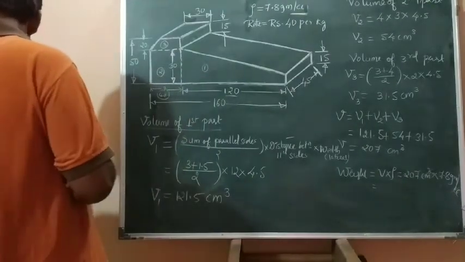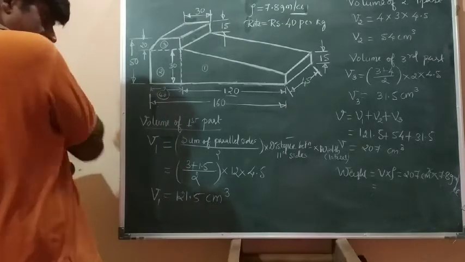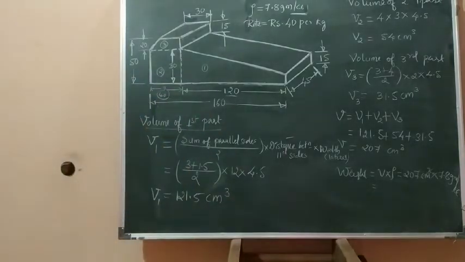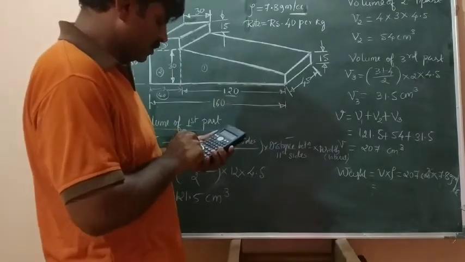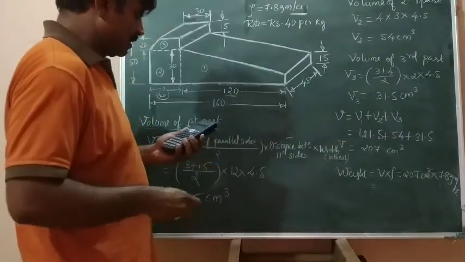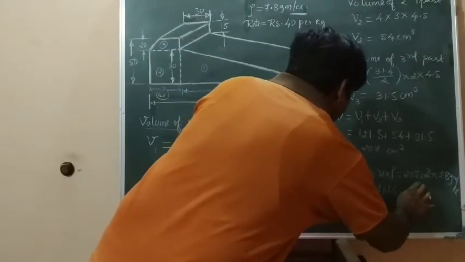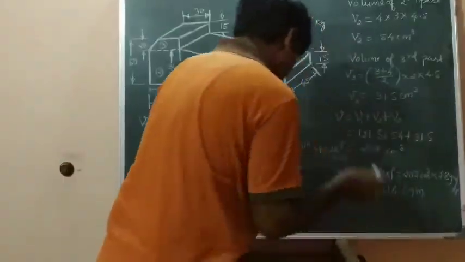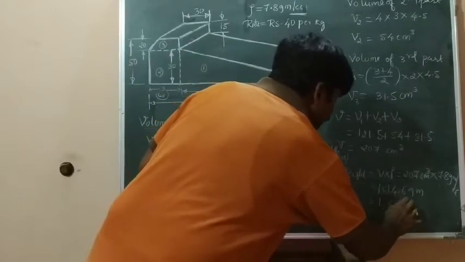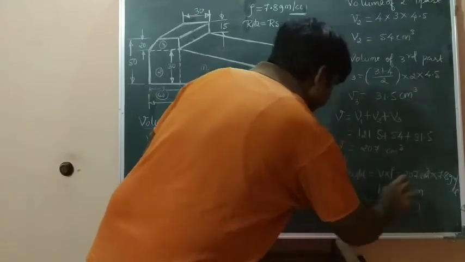So the weight will be 207 into 7.8, that is 1614.6 grams. In terms of kg, divided by 1000, so 1.614. Let me take 3 digits only in terms of kg.